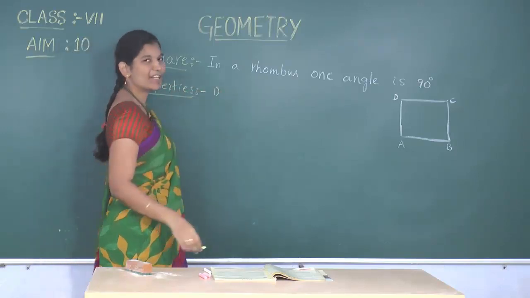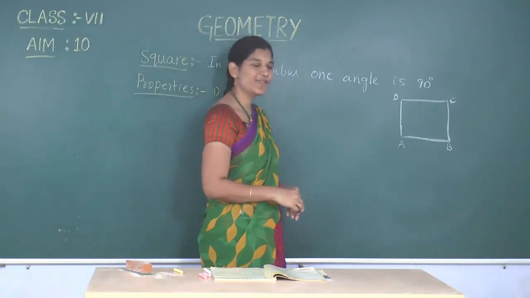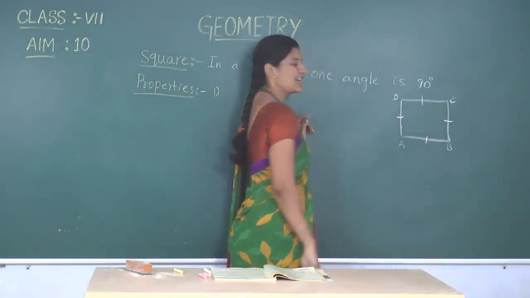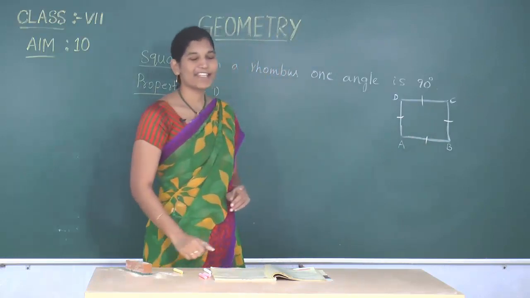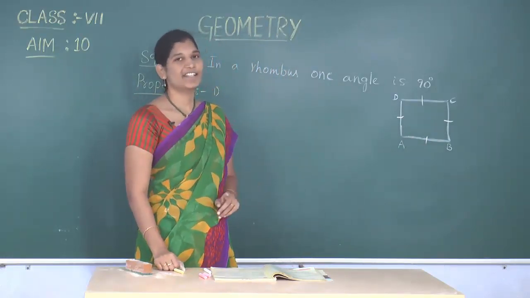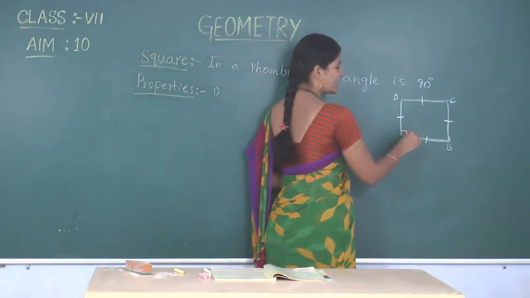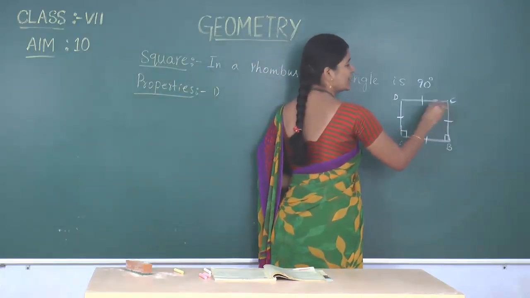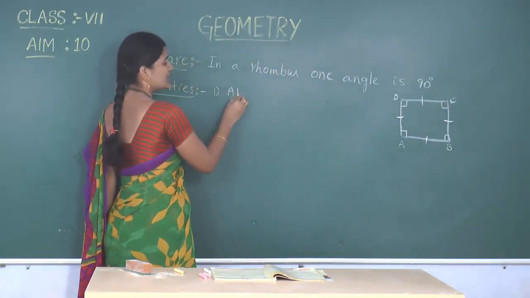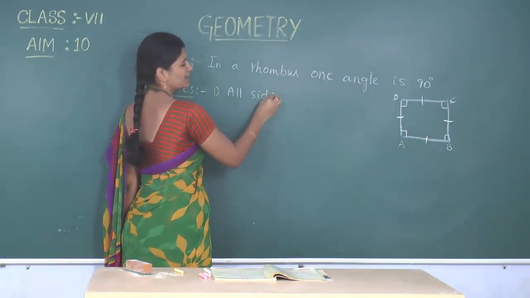The first property of the square is, we know, in square all sides are equal, all angles are also equal. Each angle is 90 degrees.